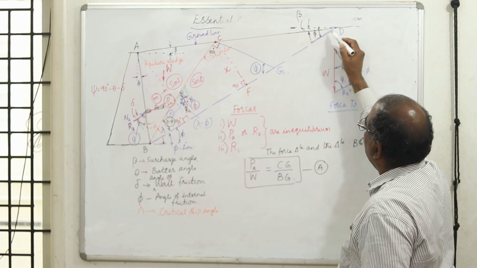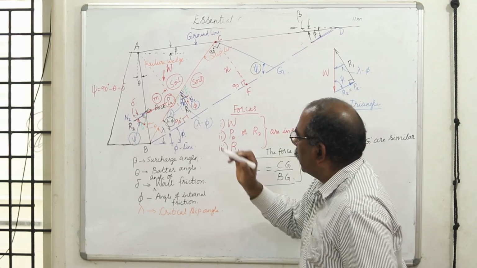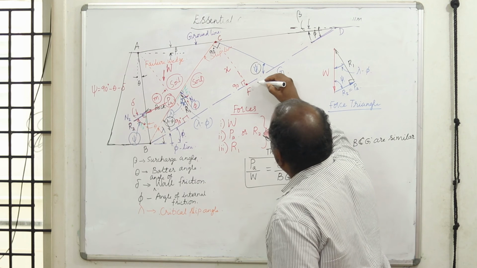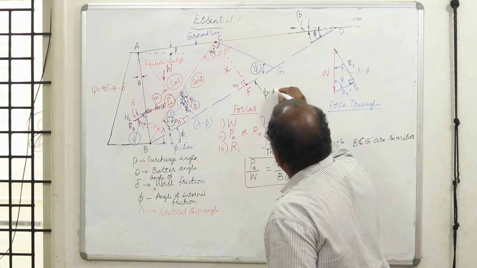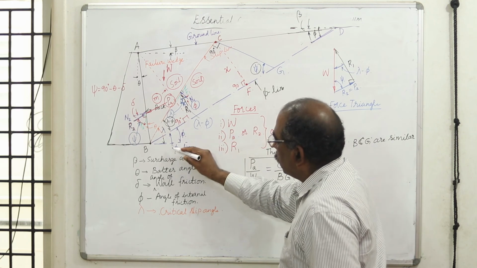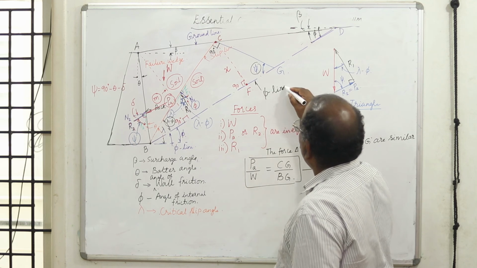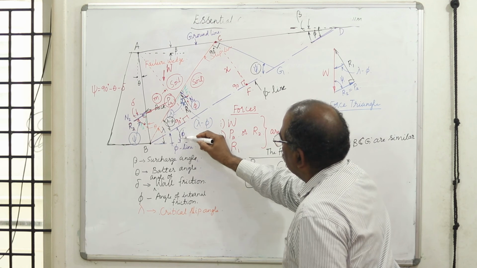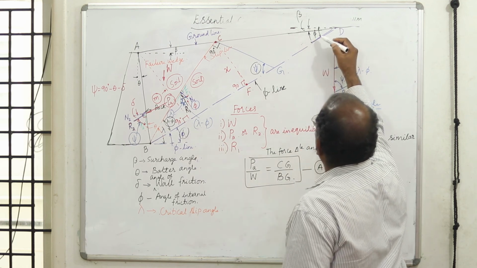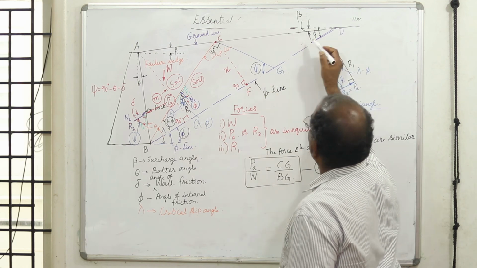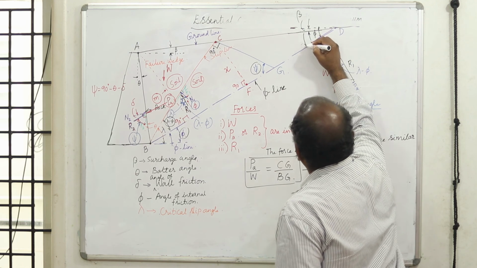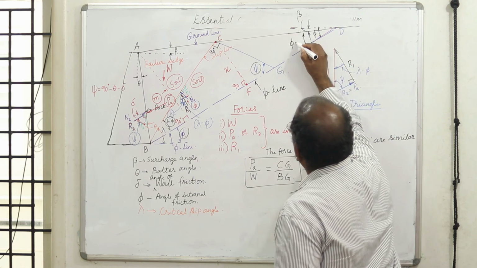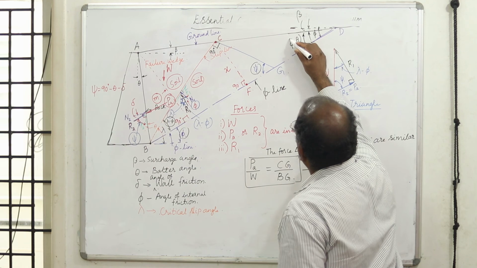This is the horizontal and this is the inclined line, which is the phi line. Therefore, the angle between the horizontal and this same inclined purple line is phi. Therefore, what will be the remaining angle? This is phi minus beta.